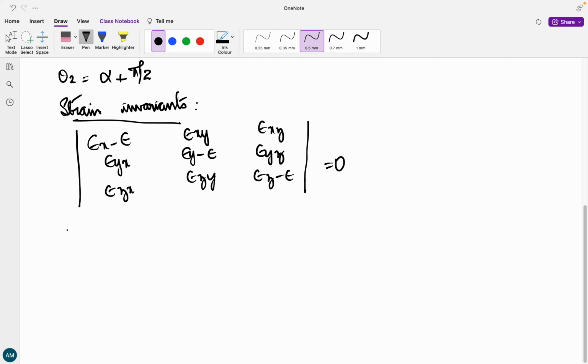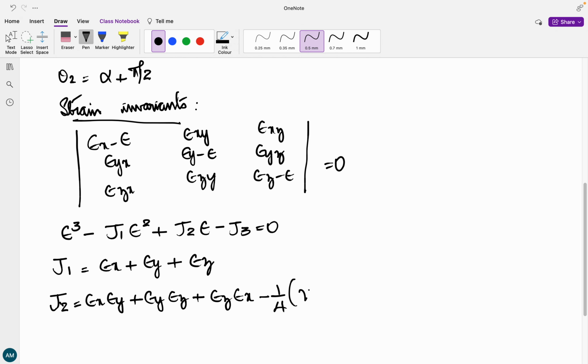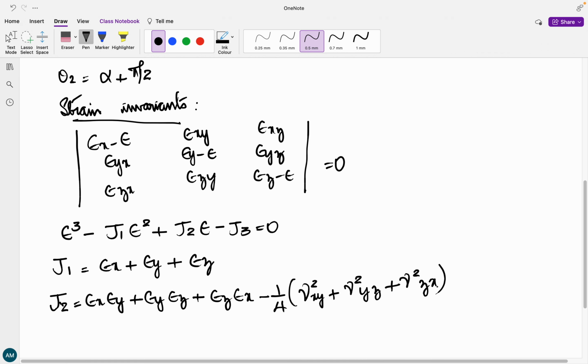So this reduces to epsilon cube minus j1 times epsilon square plus j2 epsilon minus j3 equals 0. j1 is epsilon x plus epsilon y plus epsilon z, and the value of j2 is epsilon x epsilon y plus epsilon y epsilon z plus epsilon z epsilon x minus 1 by 4 times (gamma square xy plus gamma square yz plus gamma square zx).